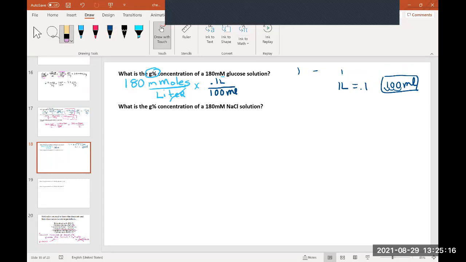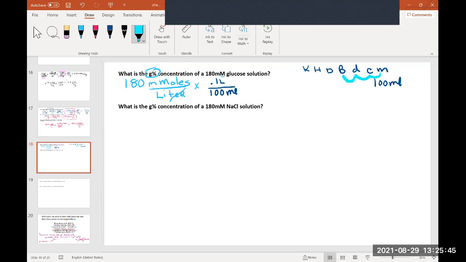Let me do that again more clearly. King Henry died by drinking chocolate milk. I want 100 milliliters. What does that mean to have 100 milliliters converted into a liter? I need to jump 1, 2, 3 places to the left with my decimal point.